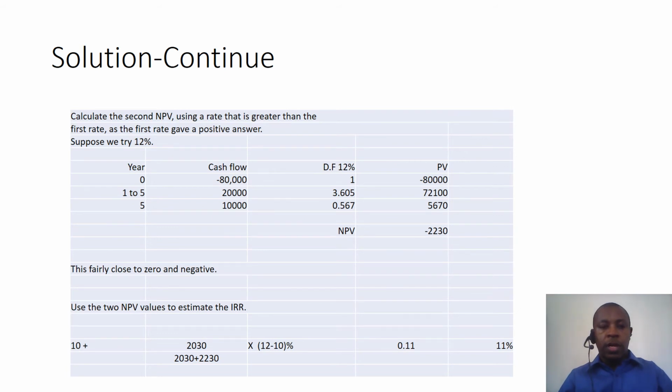Now, calculate the second NPV using a rate that is greater than the first rate, as the first rate gives a positive answer. So let's try 12%. Year 0, cash outflow $80,000, discount factor 1, outflow of $80,000.